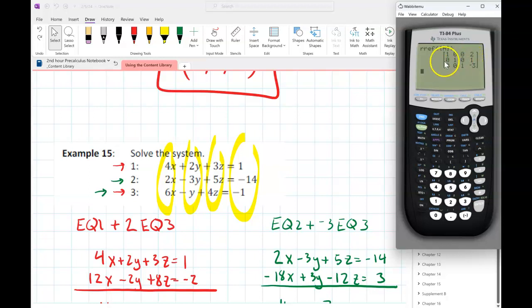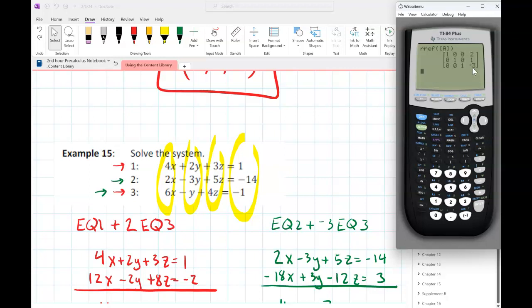The next row says 0x plus 1y plus 0z is equal to 1, or just that y is equal to 1. The third row means 0x plus 0y plus 1z equals negative 3, or just z equals negative 3. Everybody's okay with how I'm reading that?